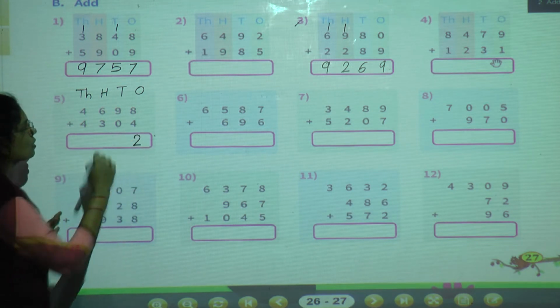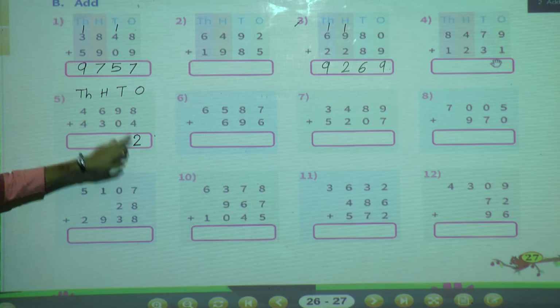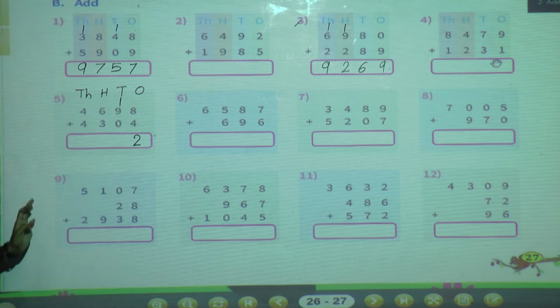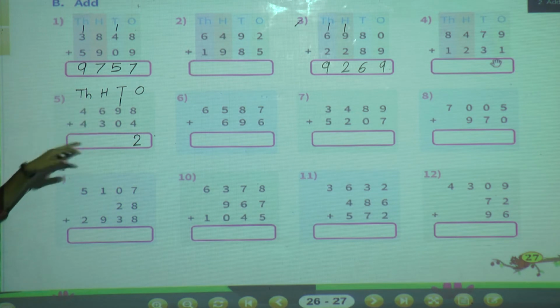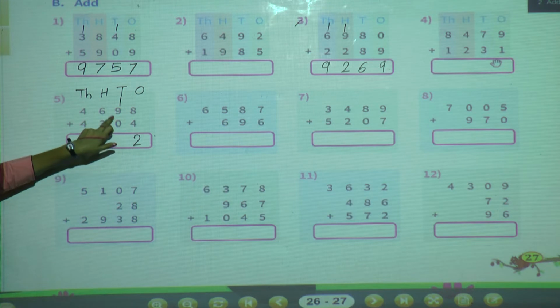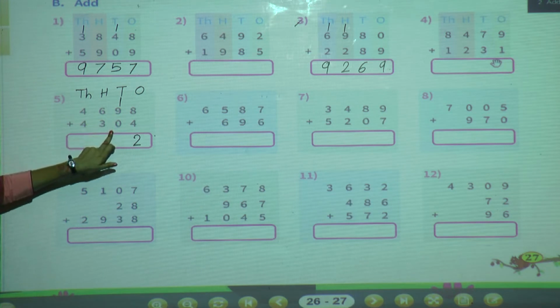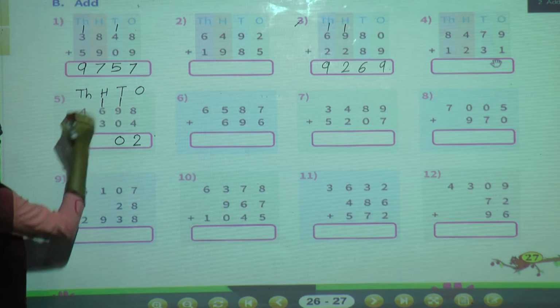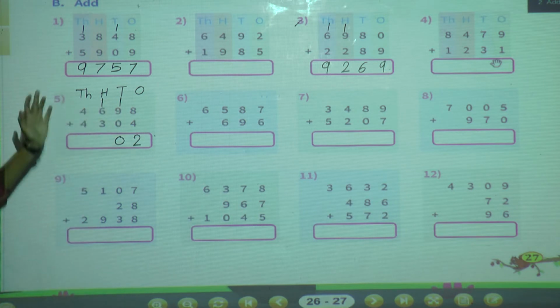So here 12 ones means 2 ones and 1 ten. So we will give 1 as a carry to the tens place.